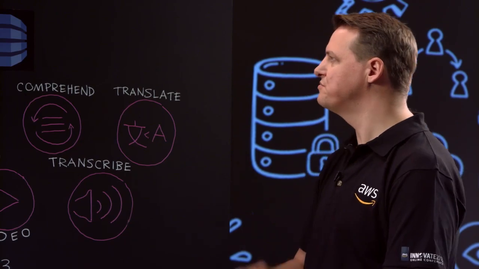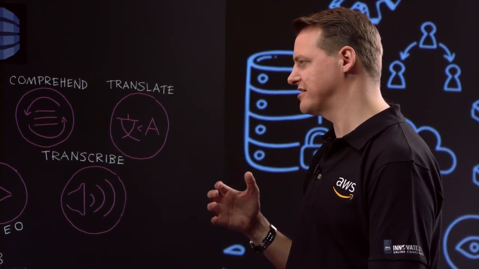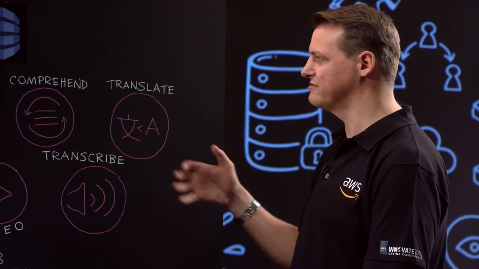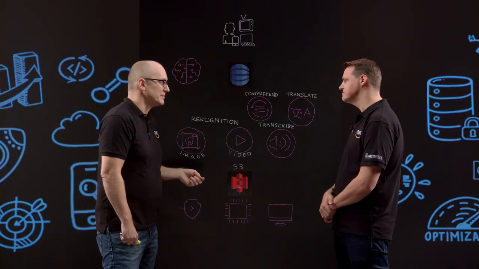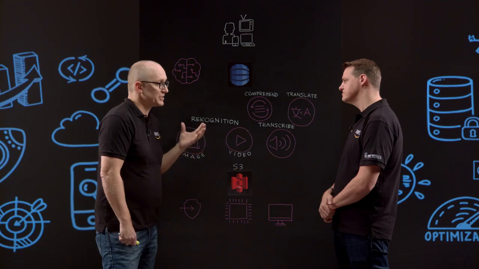Okay. Another important part about video playback and video on demand is things like translation and closed captioning. What sort of services do you have in that realm? So of course we often have audio along with the video. You can use something like Amazon Transcribe to extract the audio and identify the particular text.